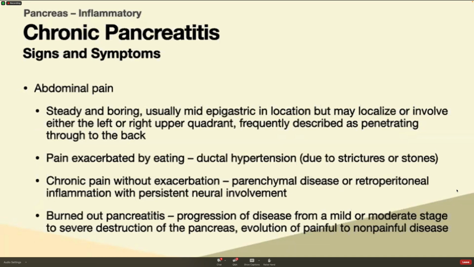For the pain in chronic pancreatitis, it can be due to ductal hypertension, due to strictures or stones, and this usually manifests as pain exacerbated by eating. But if there is chronic pain without exacerbation, then this is usually due to parenchymal disease or retroperitoneal inflammation with involvement of the nerves.